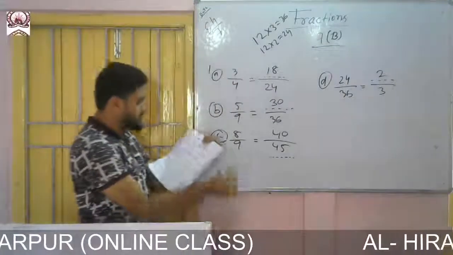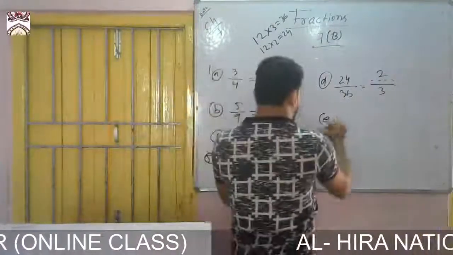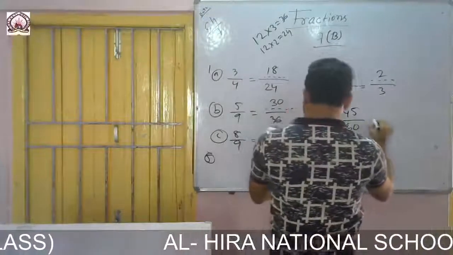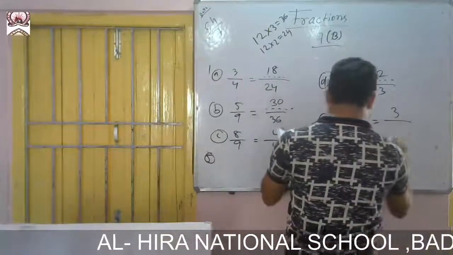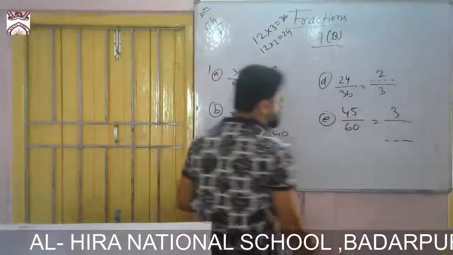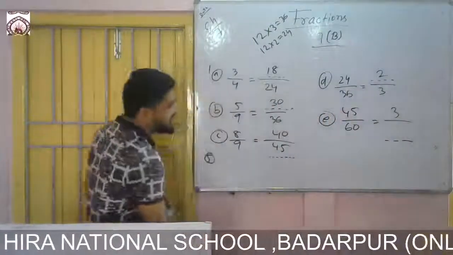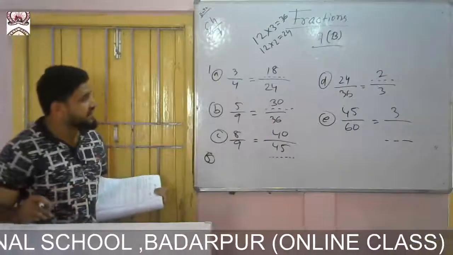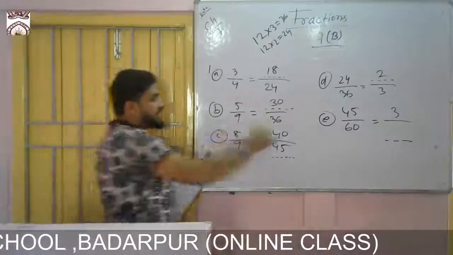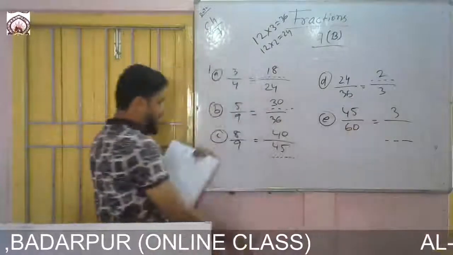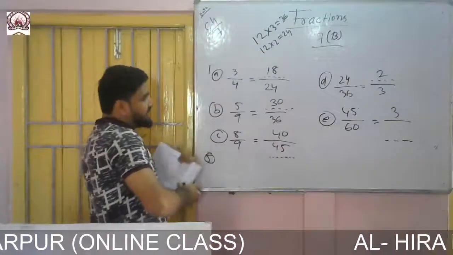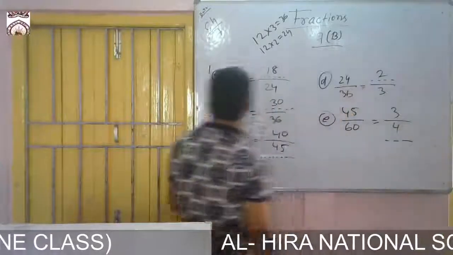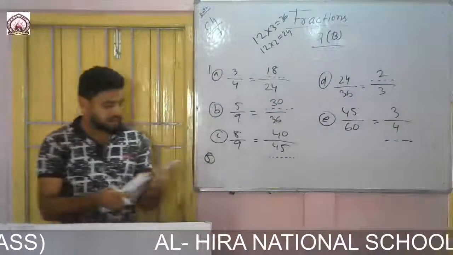So here will be 2. Now come to E. 45 by 60 equals 3 by a blank. So 3 fifteens are 45 and 15 fours are 60. There will be 4. So these are all the answers of question number 1.